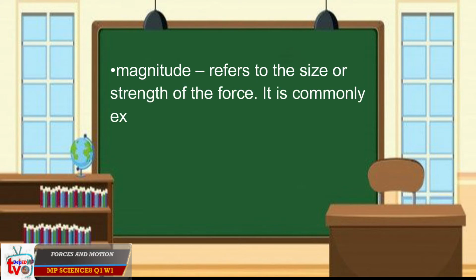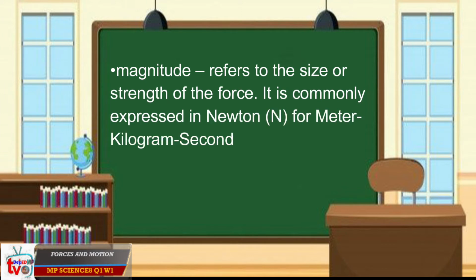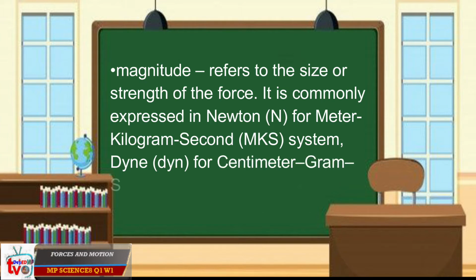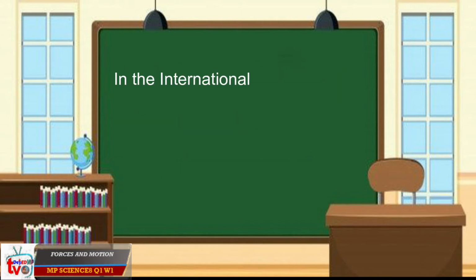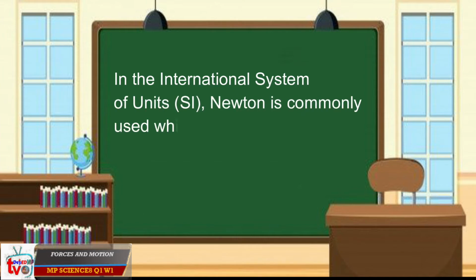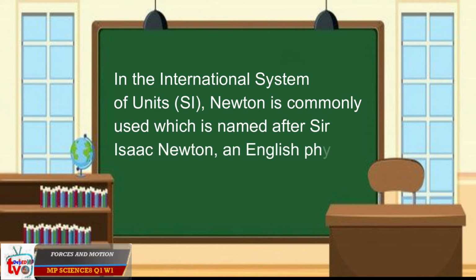It is commonly expressed in Newton for the meter kilogram second system, dyne for the centimeter gram second system, and pounds for the foot pound second system. In the international system of units, Newton is commonly used, which is named after Sir Isaac Newton, an English physicist and mathematician.